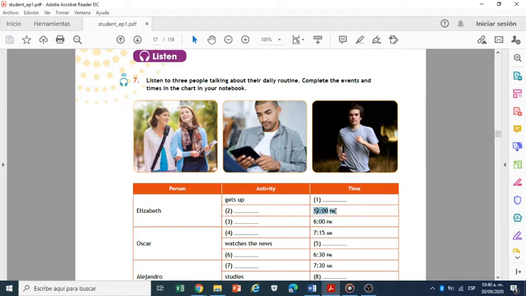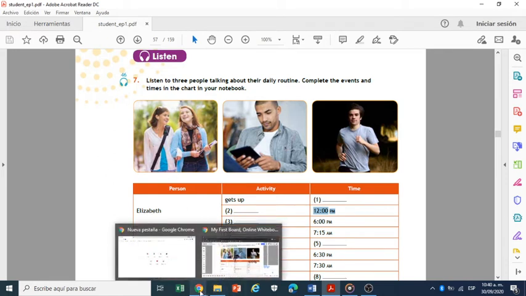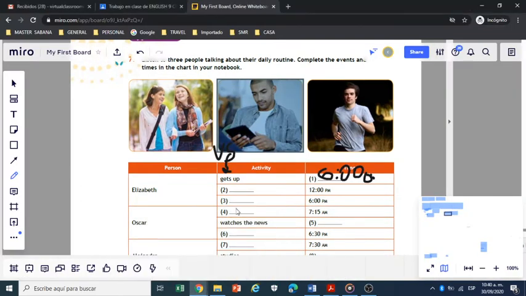12 p.m. The name of the activity? Have plus S, okay. At 12 p.m. Elizabeth, the verb is have, I have, but we are going to write in the third person singular.